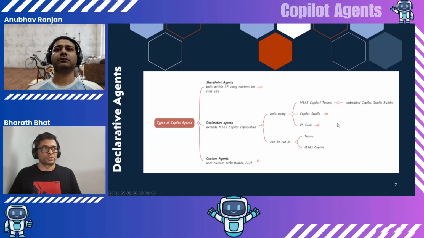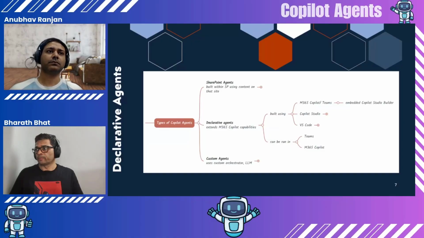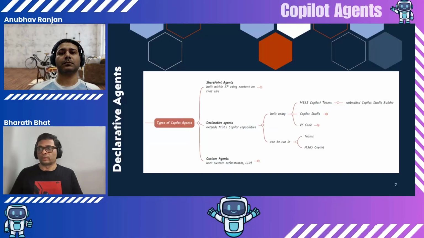The last option on declarative agents is using Visual Studio Code. Within Visual Studio Code, we need the Teams Toolkit to be installed. Let me take you there and quickly bring up my Visual Studio Code as well.